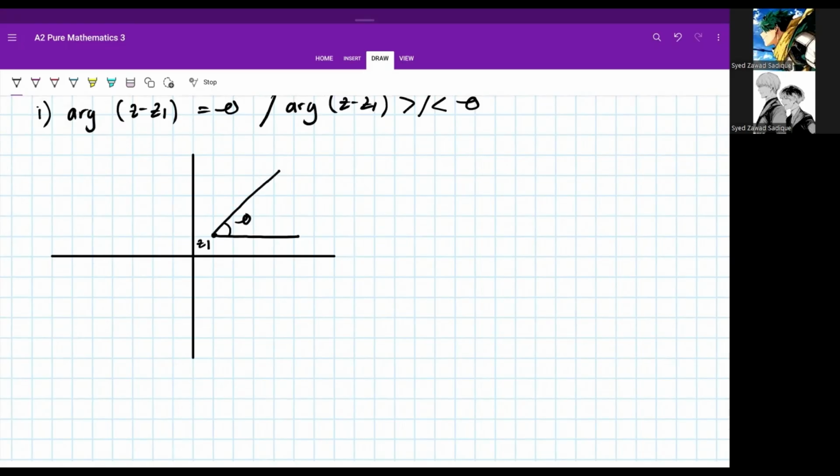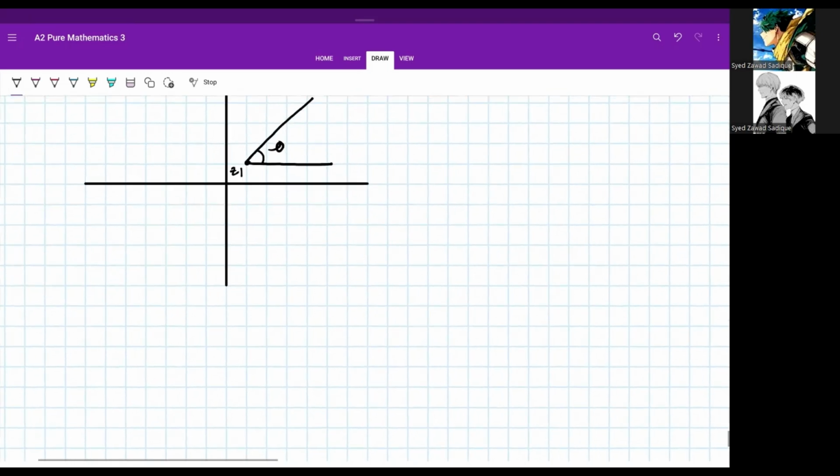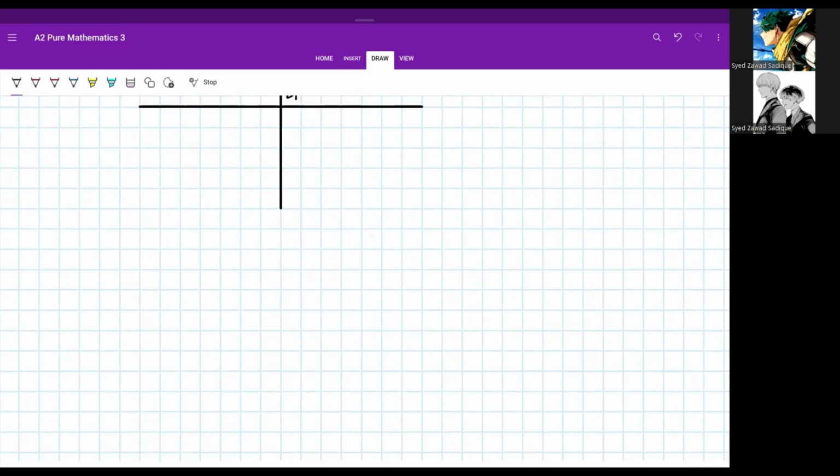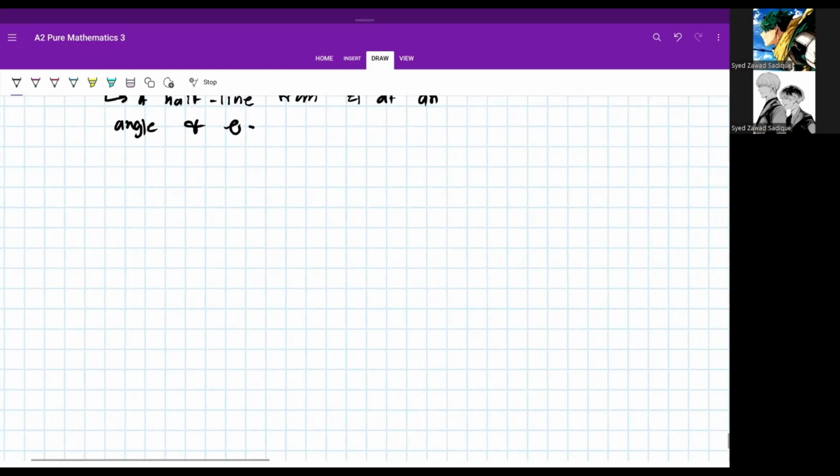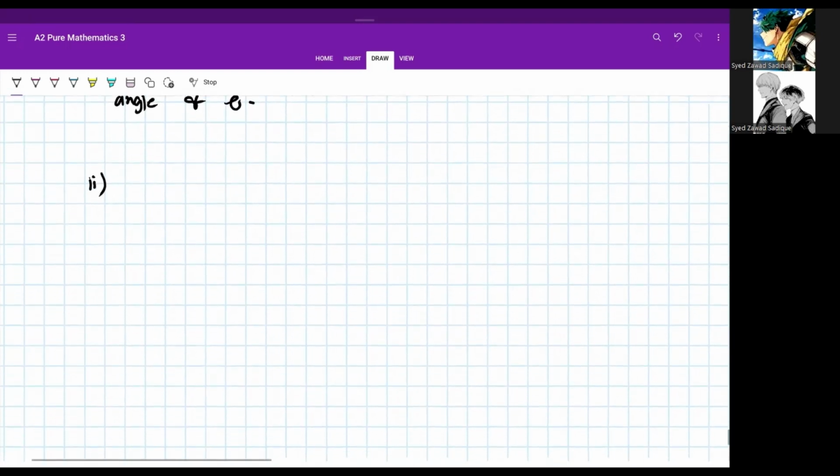We describe it by saying a half line from z1 at an angle of theta. That is number one.